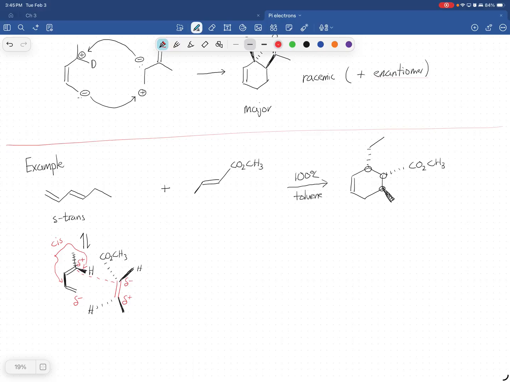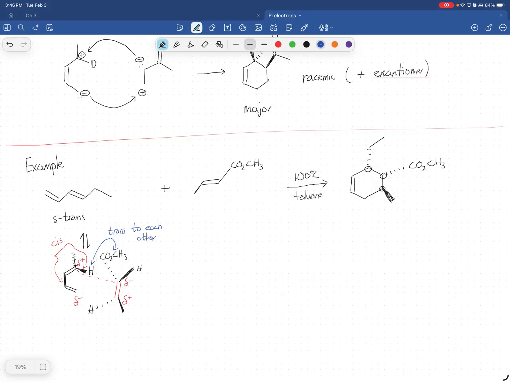And then here, if we look at this H here, so look at this H in a different color. This H and this group here, all right, they are trans to each other. Trans to each other. All right.